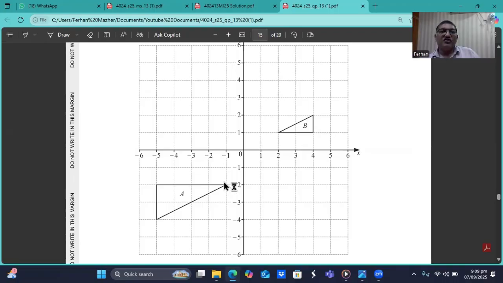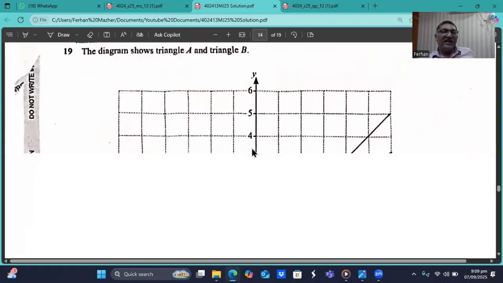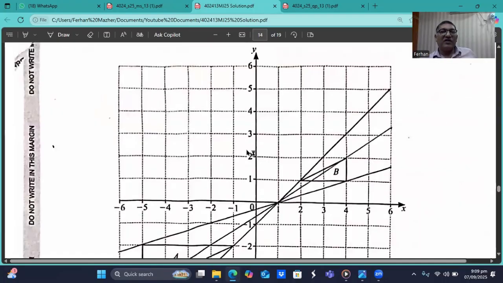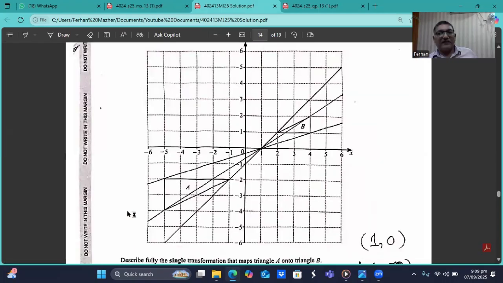You join this point with this point, prolong it. You join this point and this point. You see, in the image and in the object, the same corresponding points, you join them with a straight line with the help of a scale and prolong them. So here you can see this is the solution.